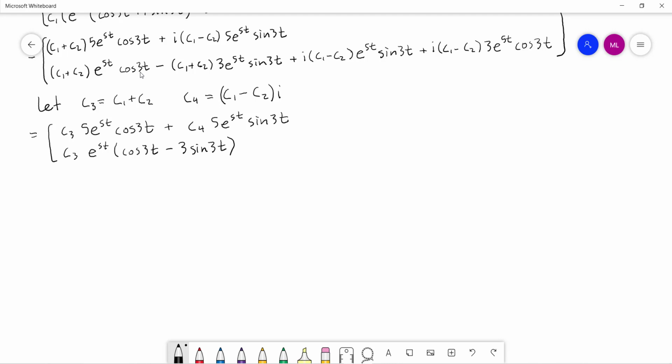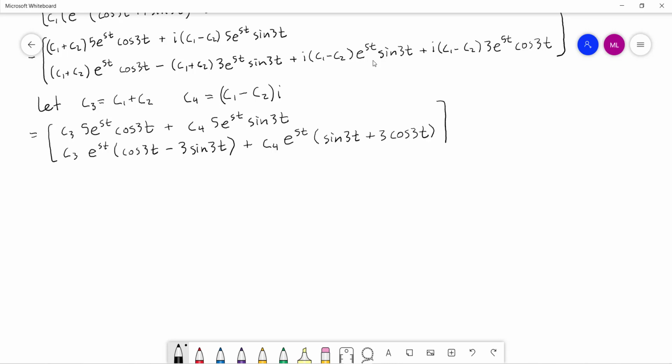Okay, good. Plus C4. So that's this one and this one. And we've got e to the 5t times what? Sine of 3t plus 3 cosine of 3t.